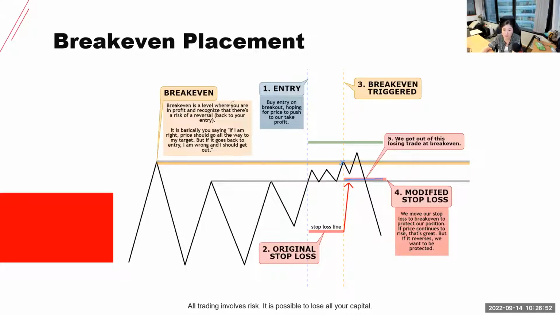Break even is a level where you are in profit and recognize that there is a risk of reversal back to your entry. It is basically you saying if I am right, price should go all the way to my target. But if it goes back to my entry, I'm wrong and I should get out. So the break-even entry is placed here.